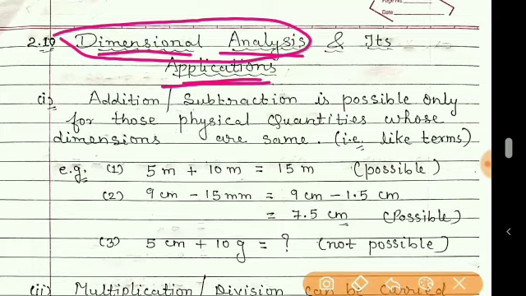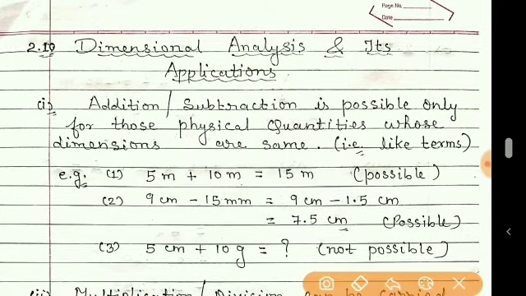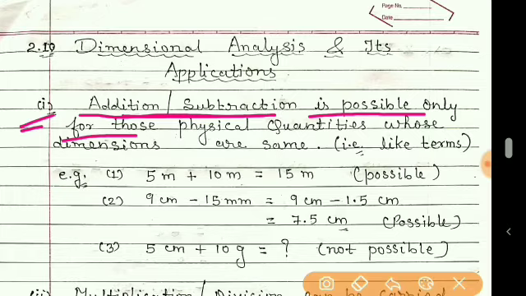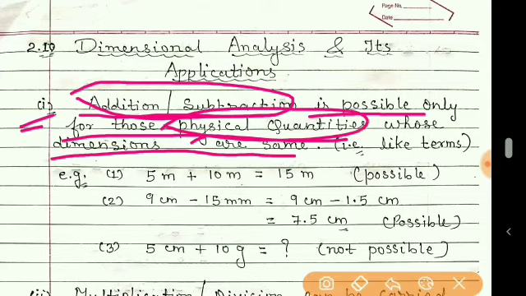Remember the first point: during addition or subtraction, it is possible only for those physical quantities whose dimensions are same. Means students, addition and subtraction are between the same physical quantities which have same dimensions.